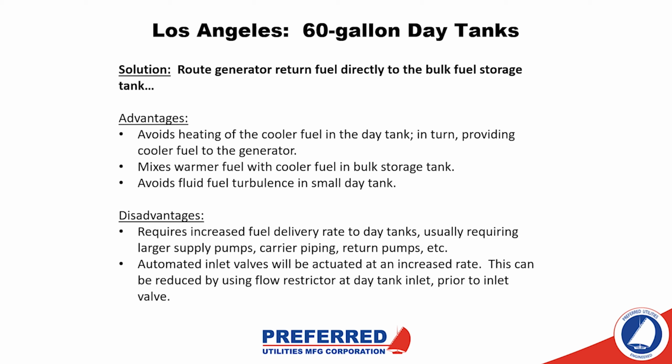A lot of times the generator will only burn off about 1/3 of the fuel that you're supplying to it, in order to use that fuel to cool the fuel rails, as we discussed previously. So now we're in a situation where we're sending the fuel directly from the engine back to the main tanks. That means we have to upsize our pipe and potentially upsize our pumps to accommodate moving up to 3 times as much fuel as we previously were. So that's something to keep in mind, and it's something that we would go over with you during the design process.